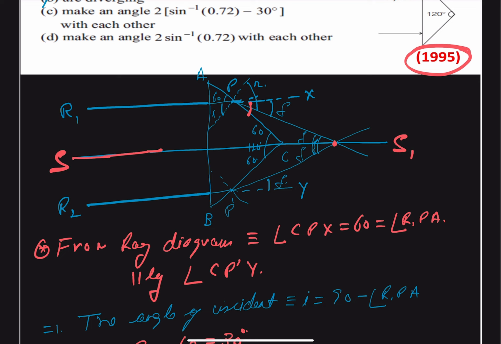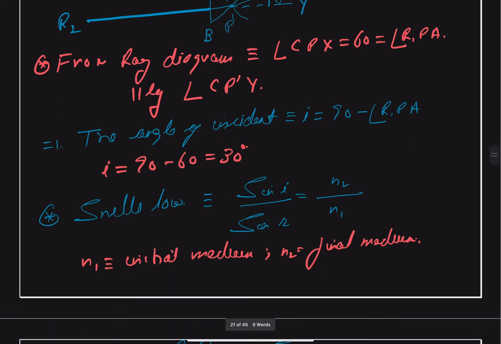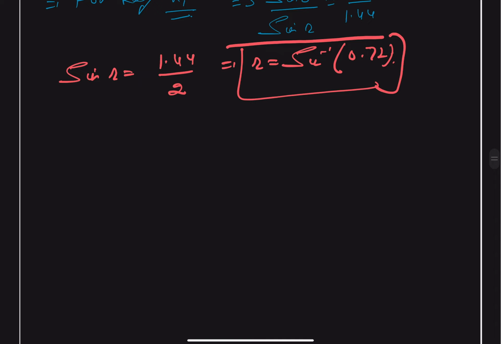So the entire angle between the two rays will be twice delta. I am mainly interested in angle delta, and delta is our deviation.